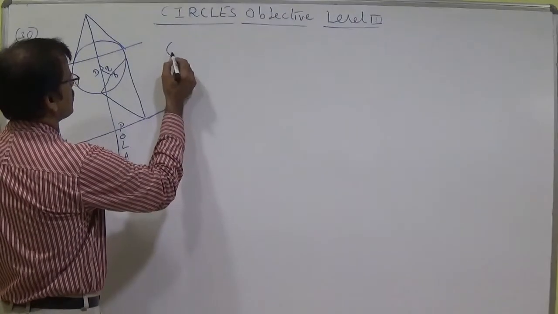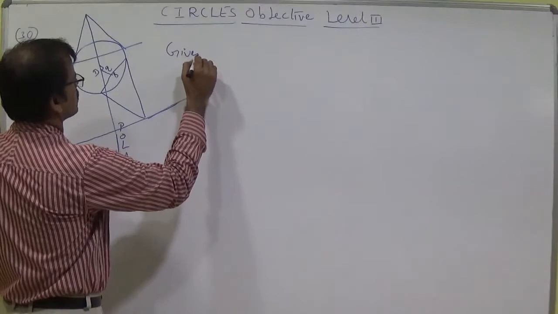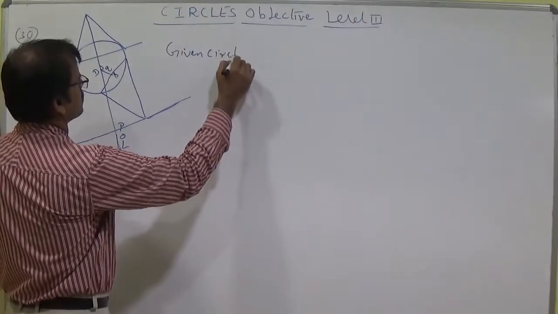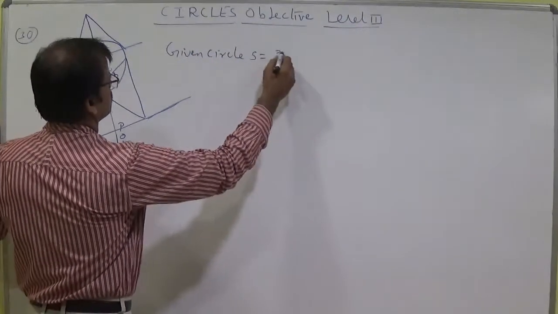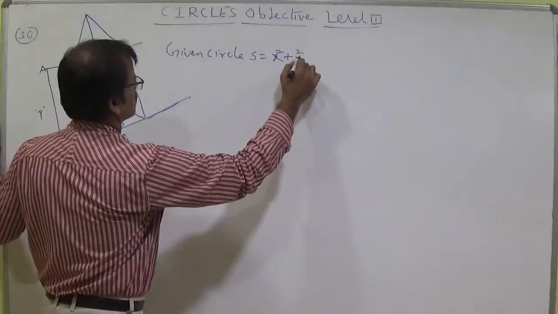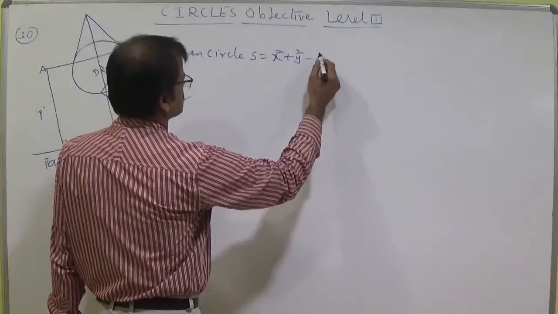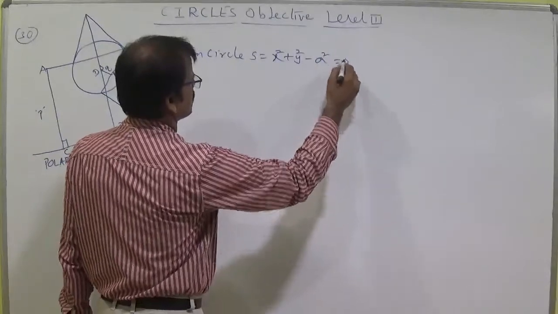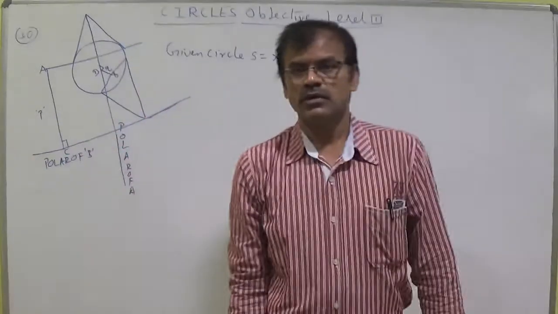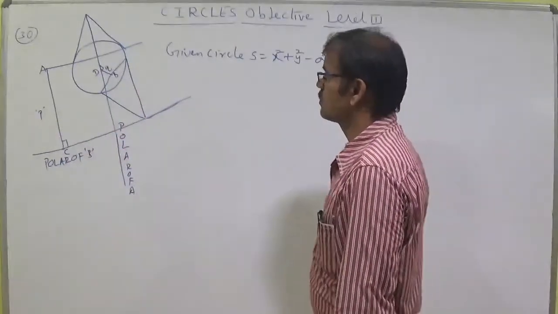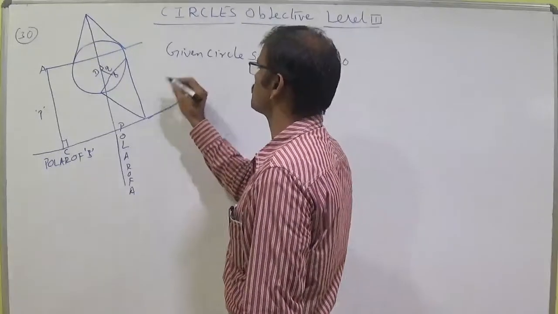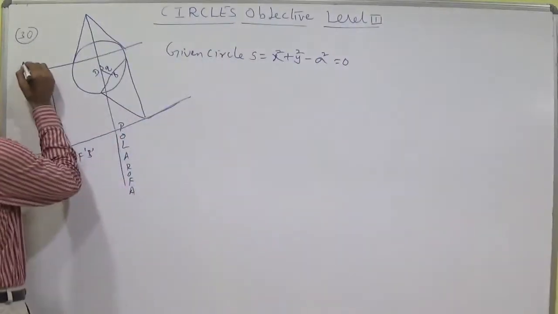The given circle is x square plus y square is equal to a square. Given circle, S is equal to x square plus y square minus a square equal to 0. Let us denote A as x1 comma y1.